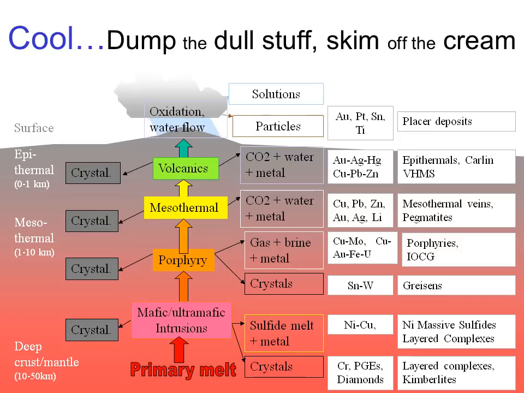Or the metals we want are going into solution, such as copper and uranium, and then being deposited downstream in secondary copper deposits around weathering copper porphyries in particular, or roll front uranium deposits.